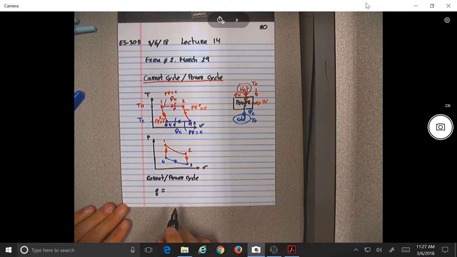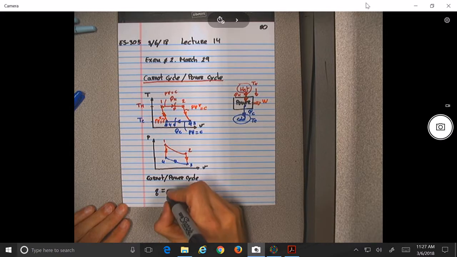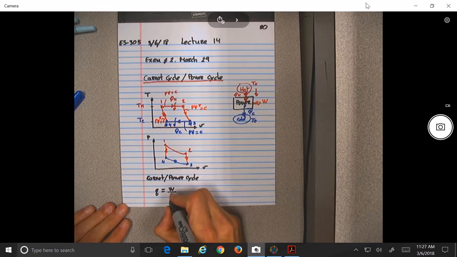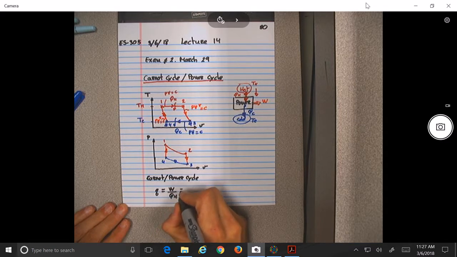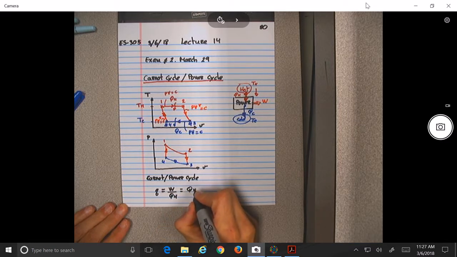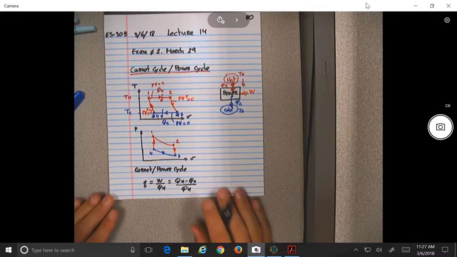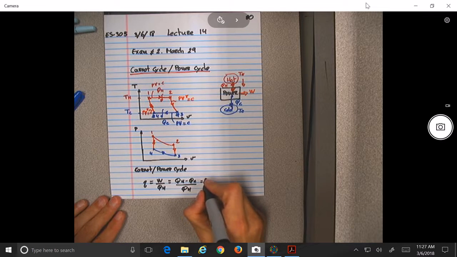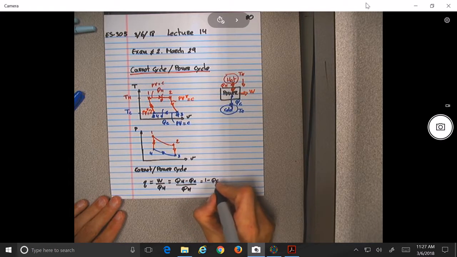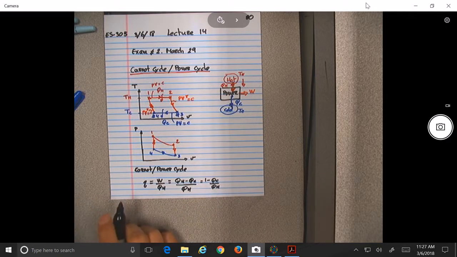It is whatever you get out, which is work, divided by whatever you put in, which is QH. So we say this is equal to what? QH minus Q cold over Q hot, and this was equal to 1 minus Q cold over Q hot.